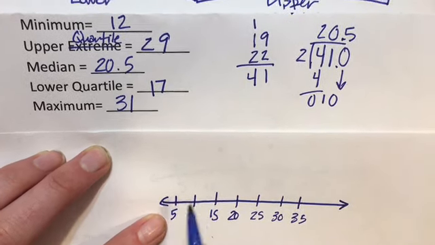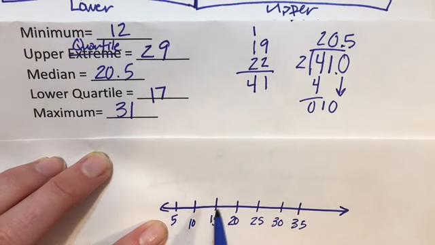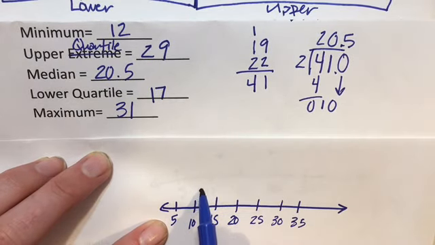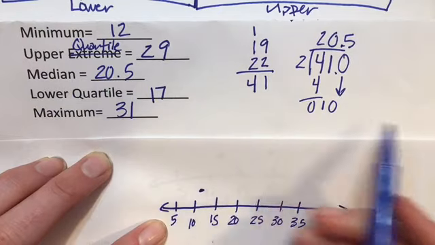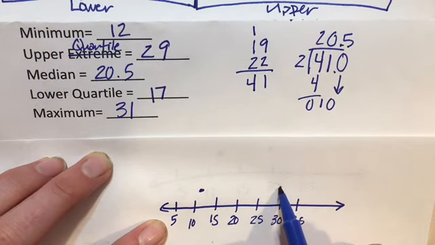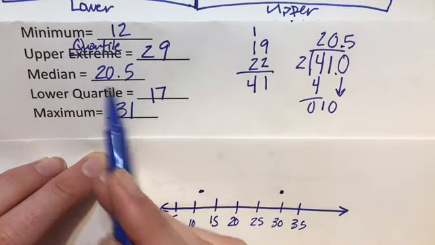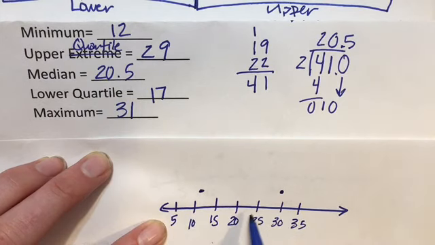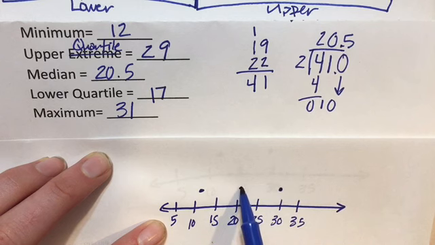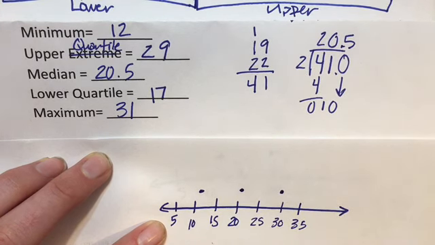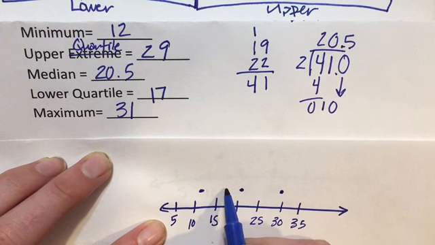So first of all, I'm going to plot my 5 points. So we have the minimum is 12, the upper quartile is 29, so nearly to 30, I'll put a point. Median 20.5, so we have 20 and just barely past it, almost unnoticeably. Lower quartile is 17, so in between 15 and 20, it'll be closer to 15, but a little ways over there, nearly half, right?